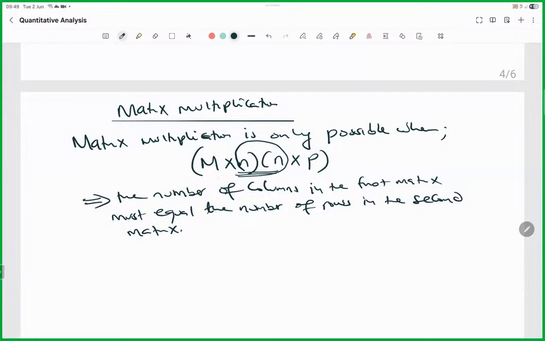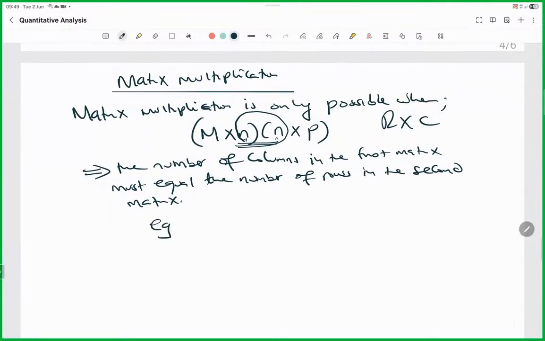See, this is Roman Catholic. I gave you this, Roman Catholic. So the number of columns of this matrix must be equal to the number of rows of the second matrix. Very, very important for this to really happen.